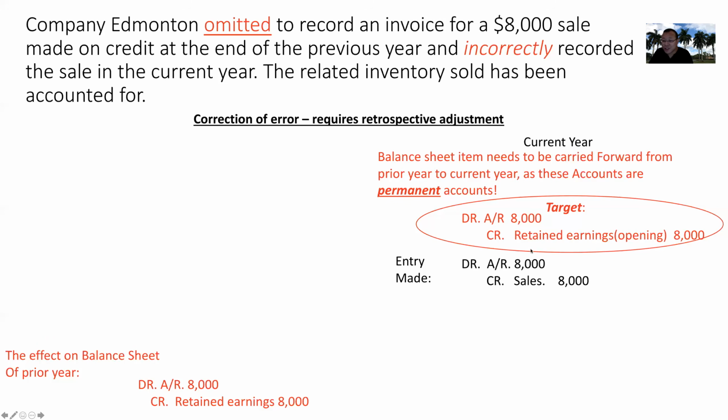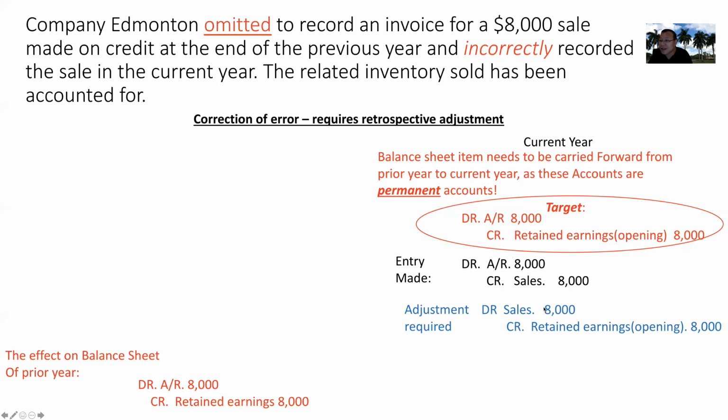So in order to get from this mistaken entry to the target, I have to make an adjustment, right? I have to make an adjustment so that I can achieve this target entry. That's the correct entry. The adjustment required is that I have to debit sales.